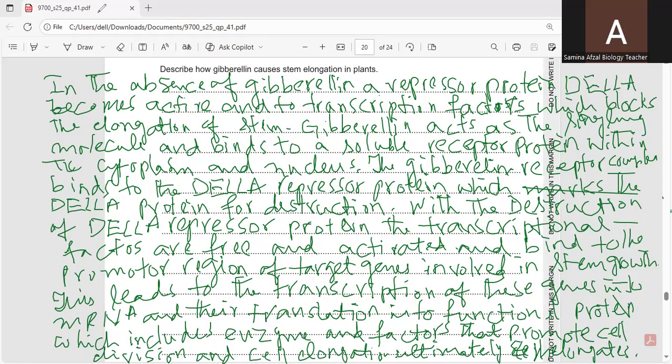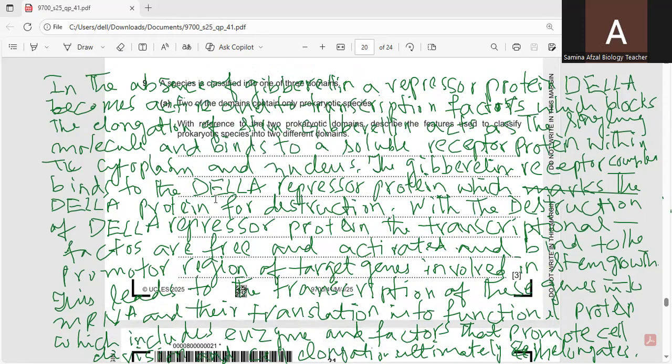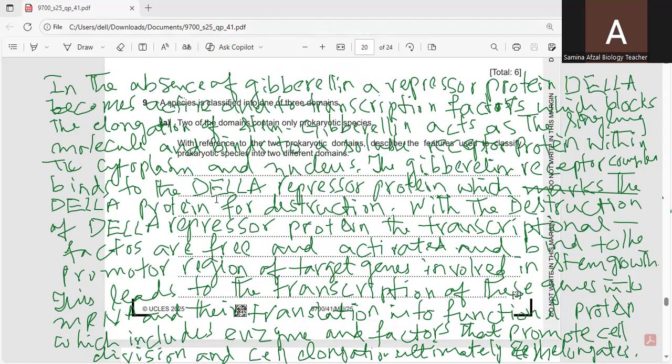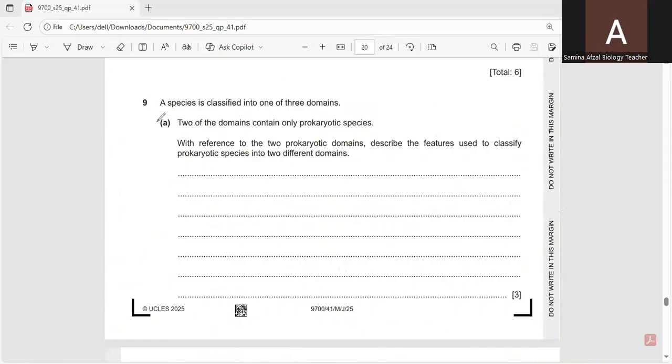Moving towards question number 9. A species is classified into one of three domains. Two of these domains contain only prokaryotic species. Describe the features used to classify prokaryotic species into two different domains.